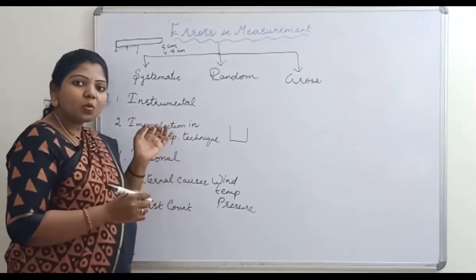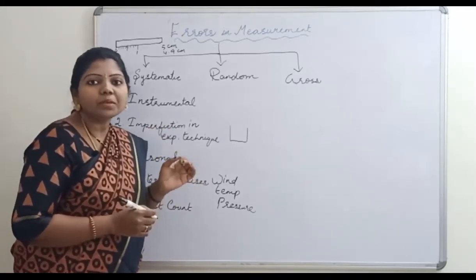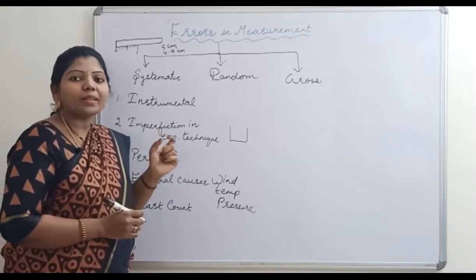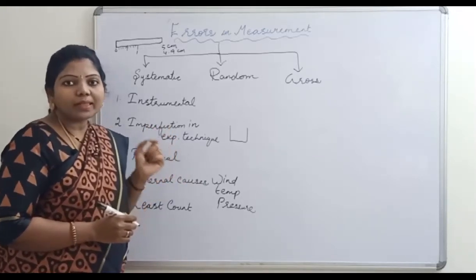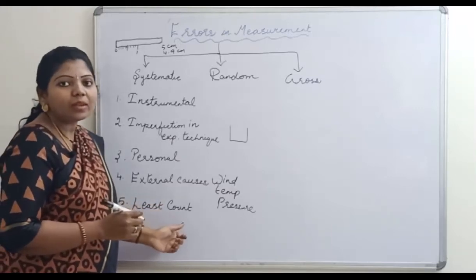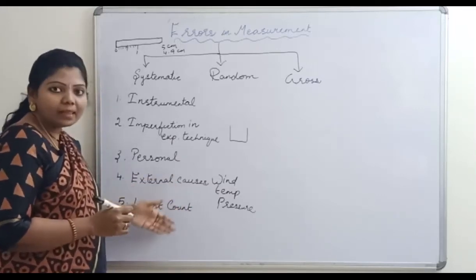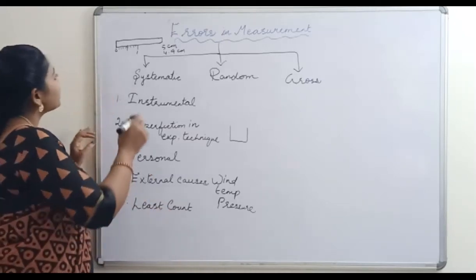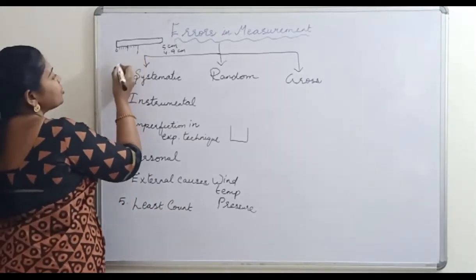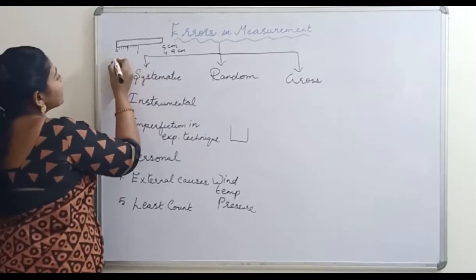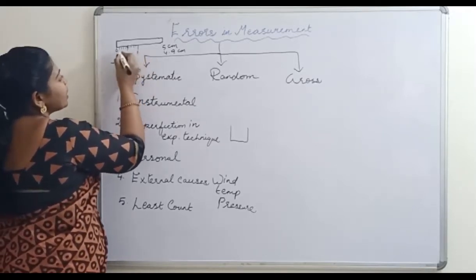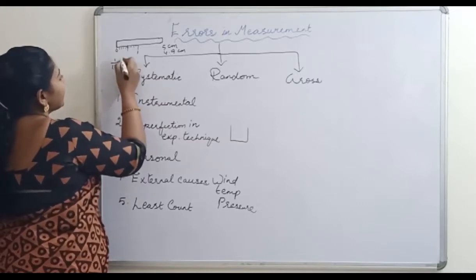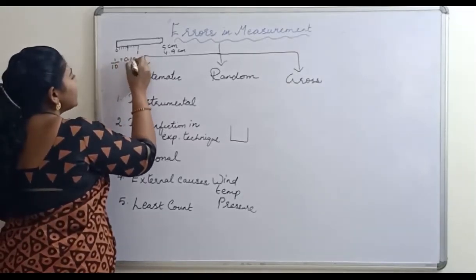Least count is the smallest value which can be measured by the instrument. The error in taking that least count is called least count error. Suppose in the scale, if you find the least count, for 1 centimeter how many divisions are there? 10. So it is 1 by 10, which is 0.1 centimeter.